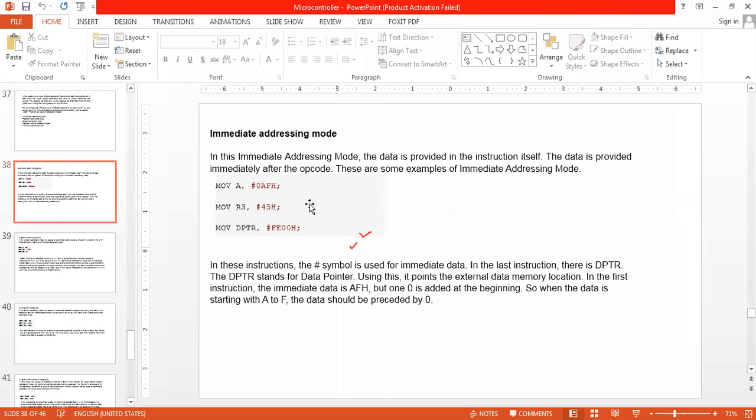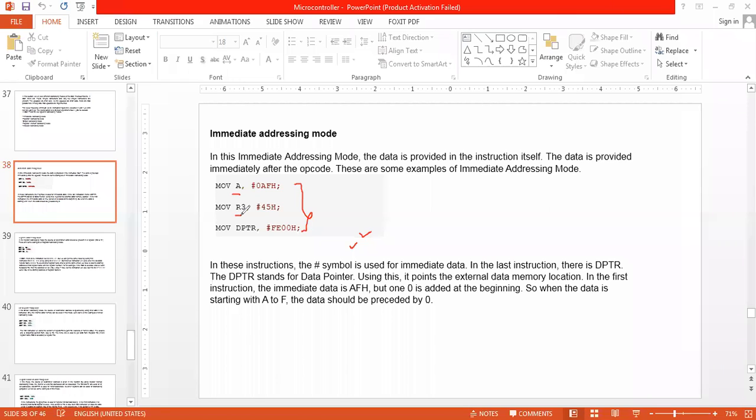These were the examples for immediate addressing mode, where the destination is always going to be either a register or a direct address.